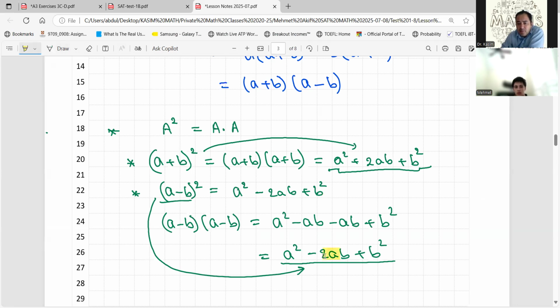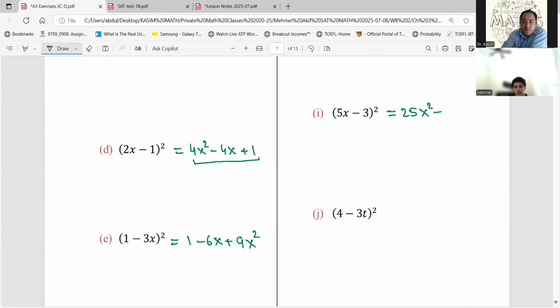So what is 2 times 5x times 3? 30x, plus 9. Next, 16 minus 24t plus 9t squared.